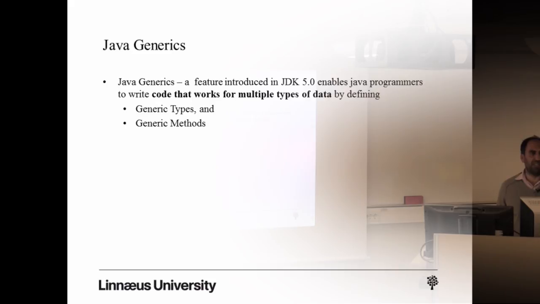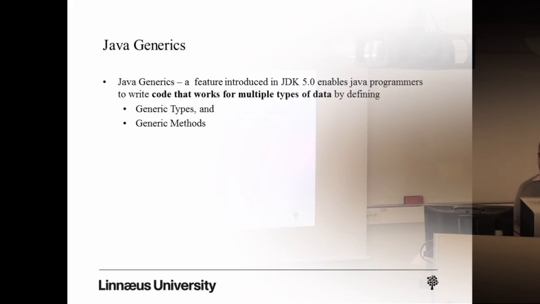For example, if you want to find the number of elements in some array of strings or integers, or if you want to perform an operation on different types of data. So instead of writing separate methods, Java generics allows you to write one method, and then at runtime you can specify the particular type for which you want to use that code.